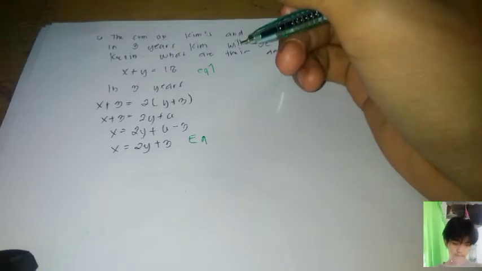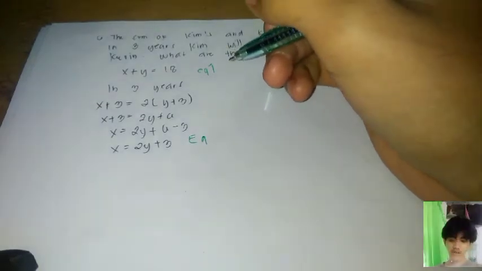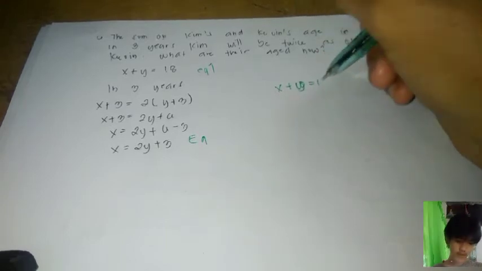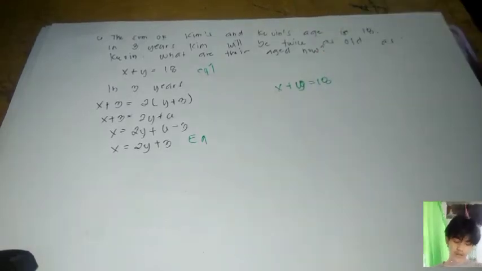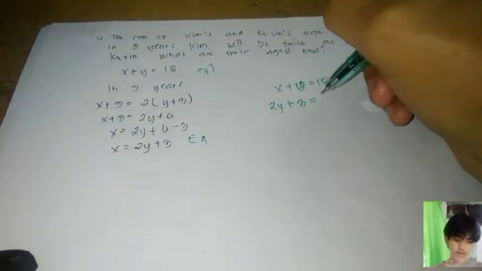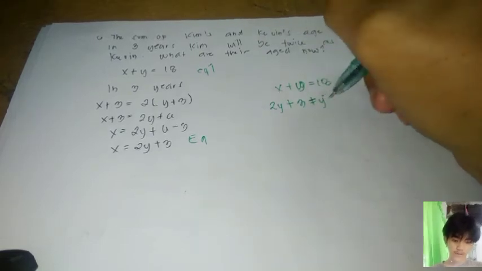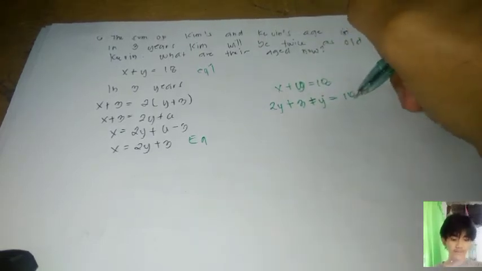That's the equation 2. So to solve the y, let's do the substitution. So x plus y equals 18. Let's substitute the x, which is 2y plus 3, plus y equals 18.